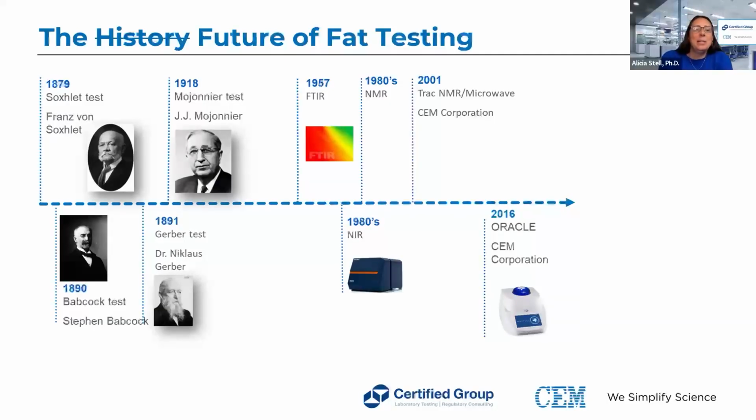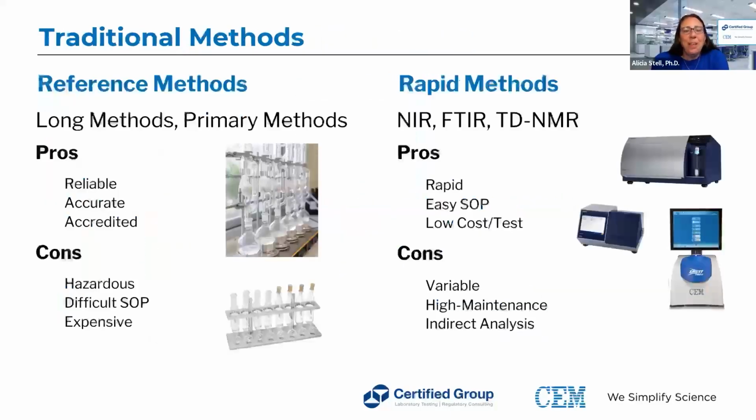We're not going to talk about the past anymore. Let's not do a method that is over 150 years old at this point. We're going to talk about the Oracle system, which I hopefully can convince you guys really does answer all the needs within the industry. So let's move forward.